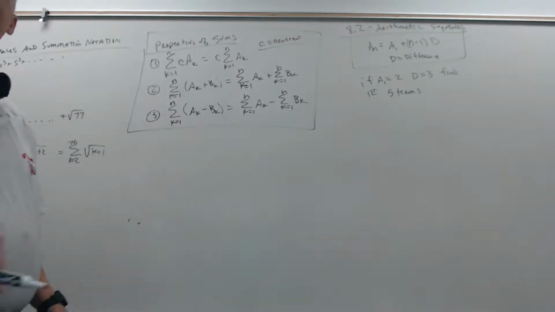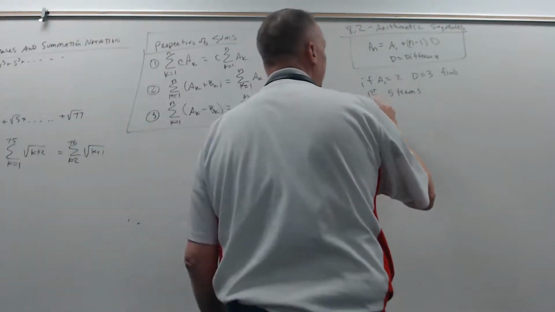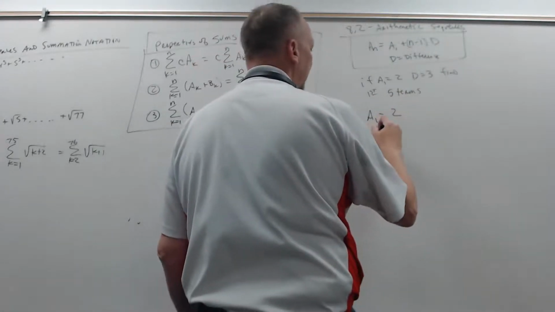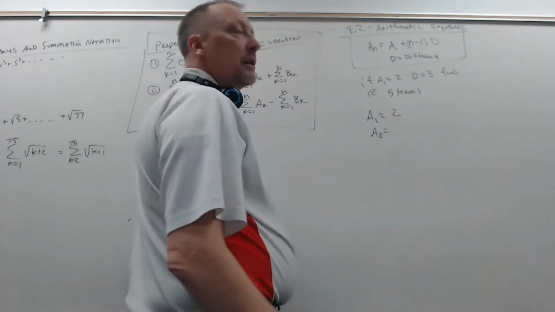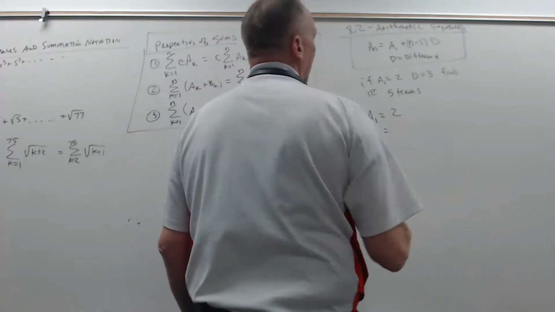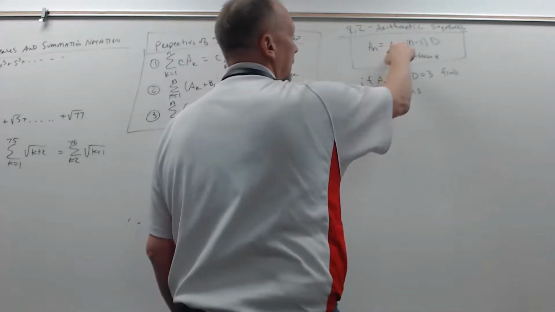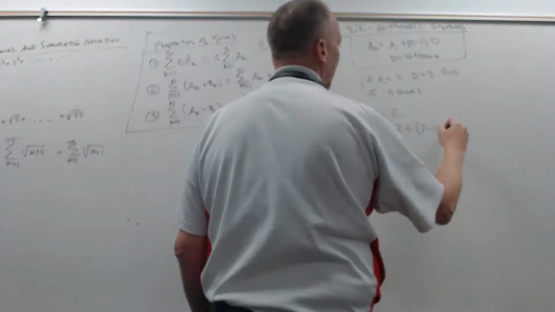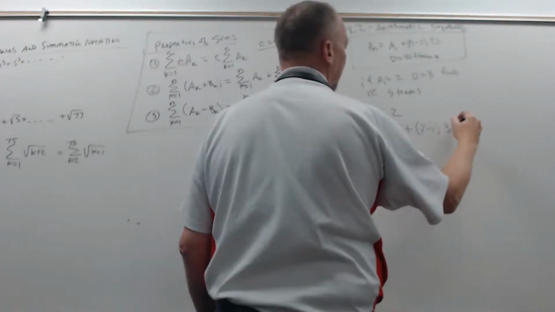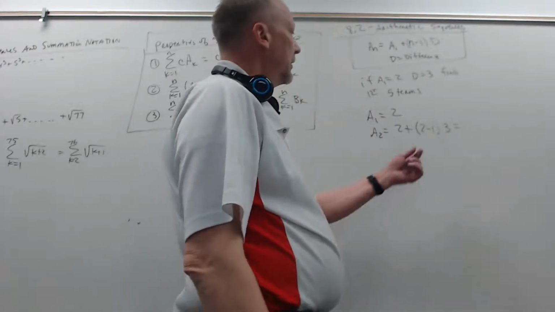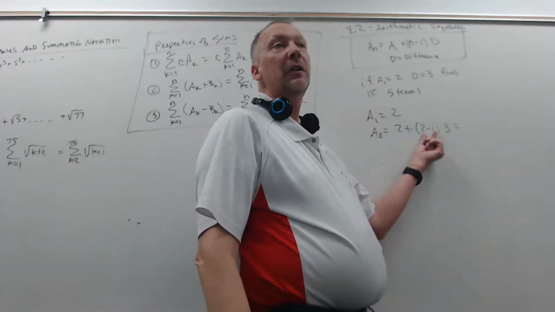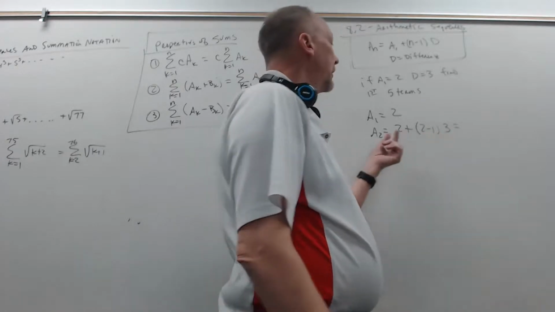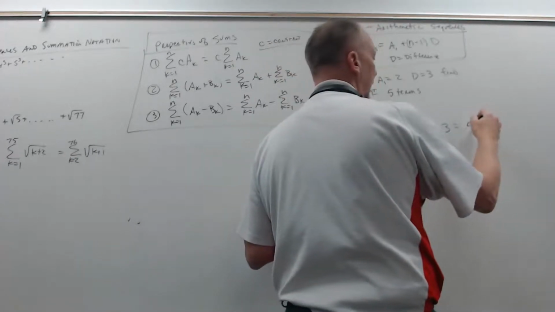I've already given you the first term. Jonathan, the first term is what again? 2. Okay, what's the second term? It'd be 2 plus 2 minus 1 times 3. So 2 minus 1 is 1, times 3, plus 2, 5.